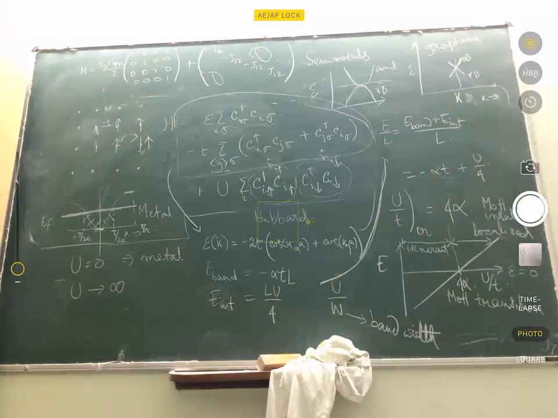And what happens when n is greater than 1, but of course less than 2? It will tend to be an insulator. Why is that? I mean, what is your argument?